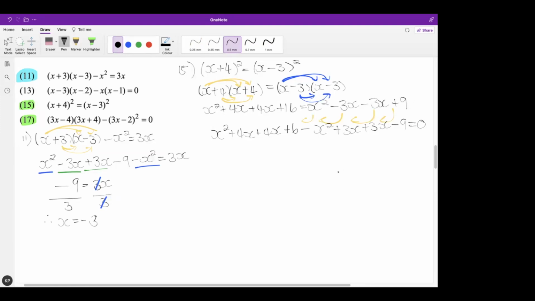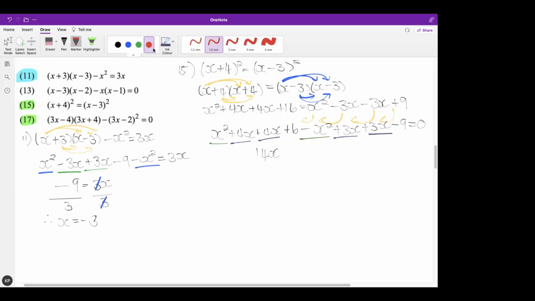And we are left with nothing this side, so equals 0. Then we have to check our like terms. So x squared minus x squared, what happens to my x squares? X squared minus x squared, they're gone. Okay. And then 4x plus 4x plus 3x plus 3x. How much is that? 4, 8, 11, 14x.